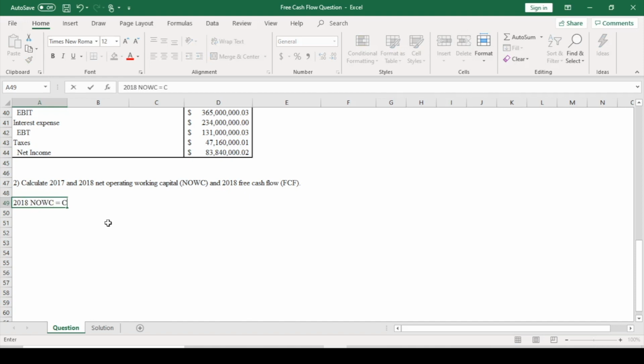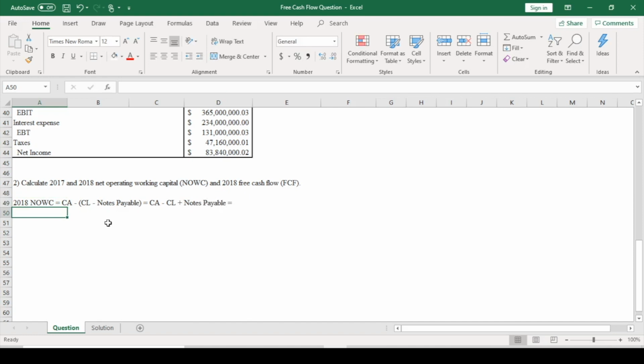This will be current asset minus current liability minus notes payable. In other words, current asset minus current liability plus notes payable. Okay?